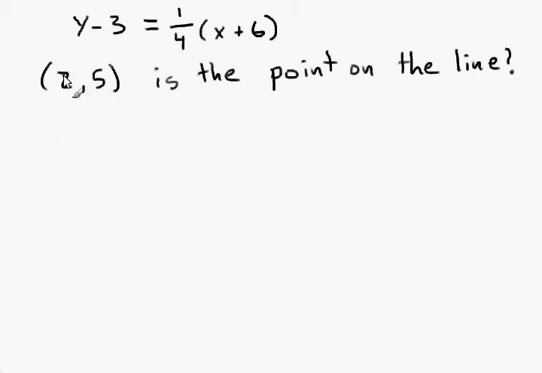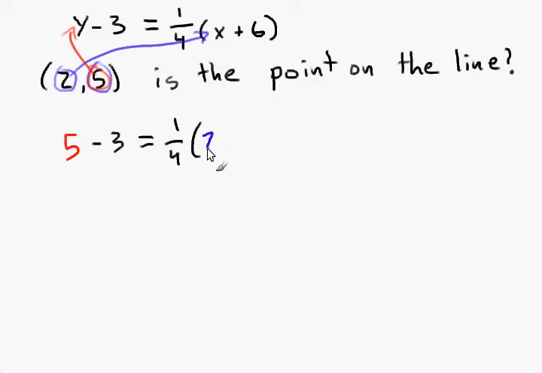So let's take 2, we'll plug it in for x, and then we'll take 5, we'll plug it in for y. So we'll have 5 minus 3 is equal to 1/4 times the quantity 2 plus 6. Alright, we'll simplify this first. 5 minus 3 is 2.